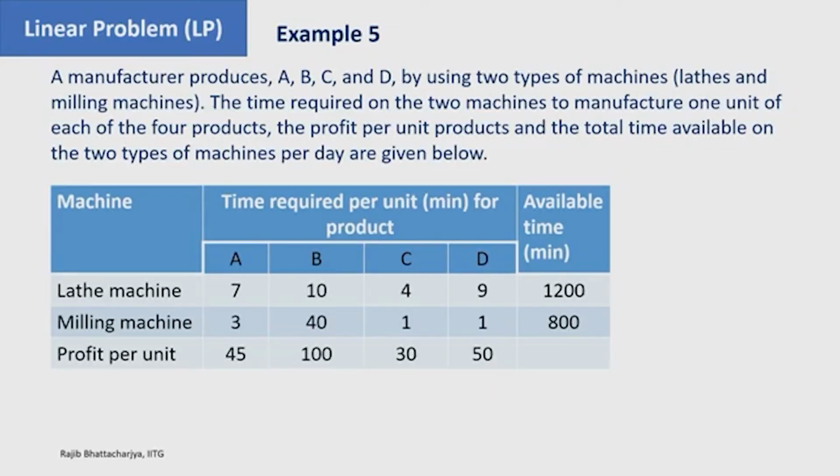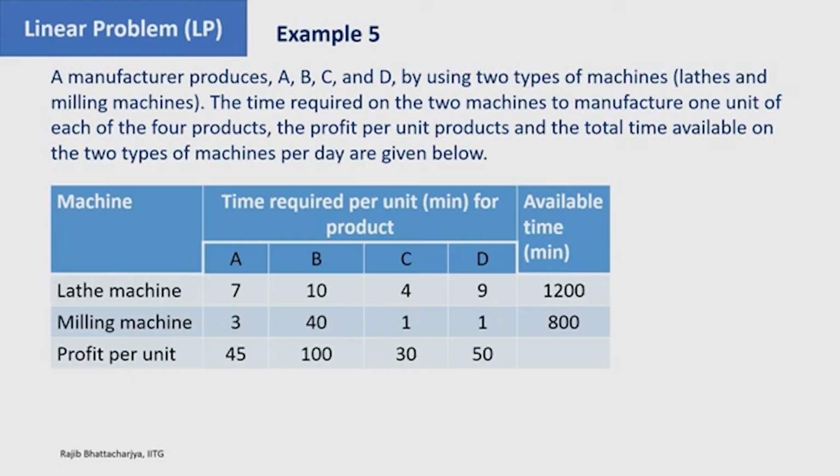So, let us see the first problem. I can say it is example 5. We have solved up to example 4 in the last class. So, this is example 5. The problem is: a manufacturer produces A, B, C, D. These are some of the items, produced by using two types of machines.